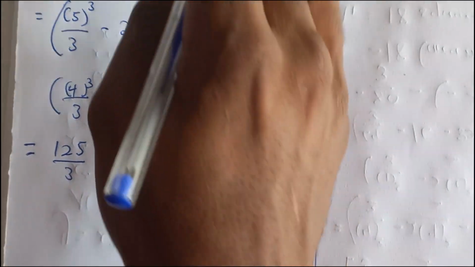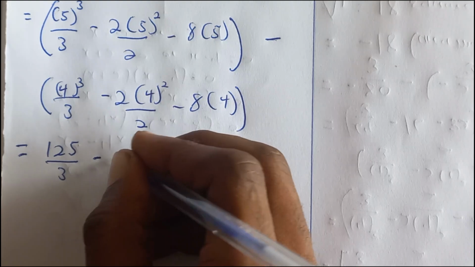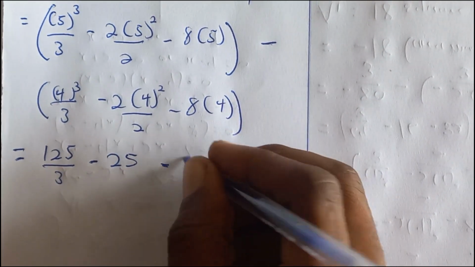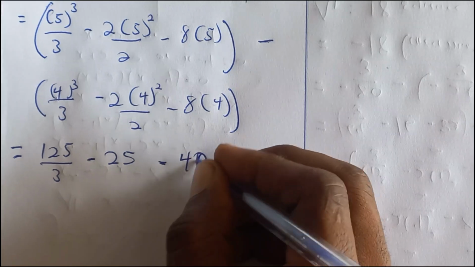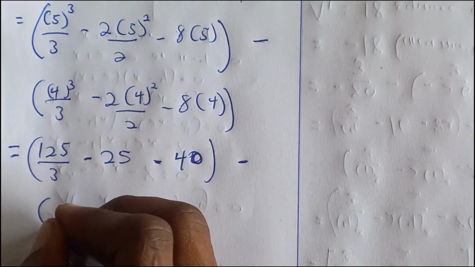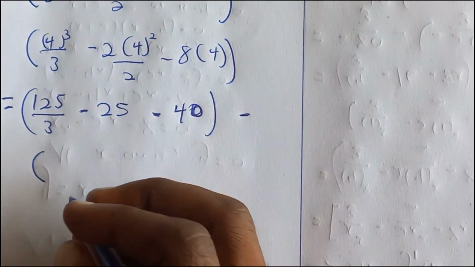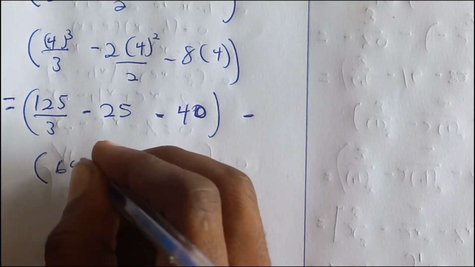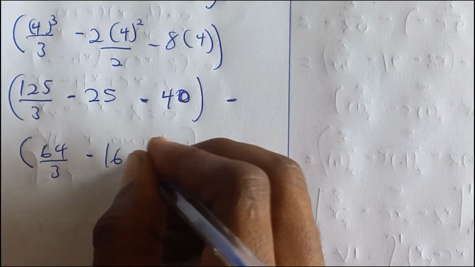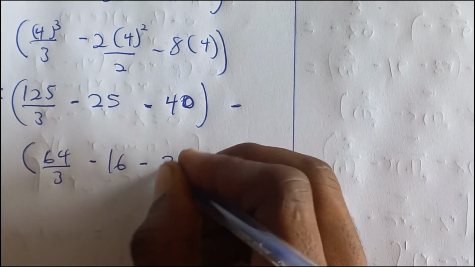Then when you simplify this, you get 25 minus 40, 5 times 8 is 40. Good. This one, which is 64 on 3 minus 16 minus 32.